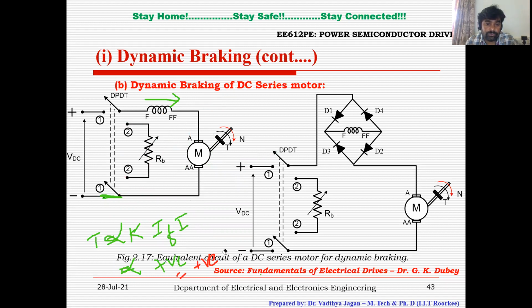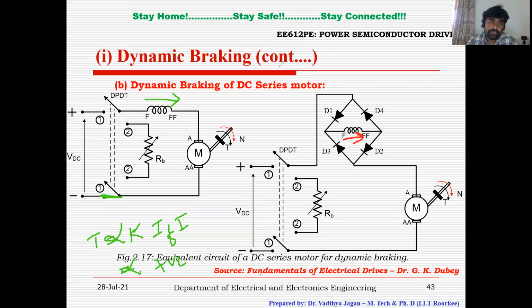So to operate the machine in first quadrant and second quadrant, we use this configuration. Here you can see the diode bridge. The purpose of this diode bridge is to maintain the field current in only one direction, that is from F to FF. So we'll change the direction of the armature current and apply the braking, but with the help of these four diodes, the current in the field winding is always from F to FF.